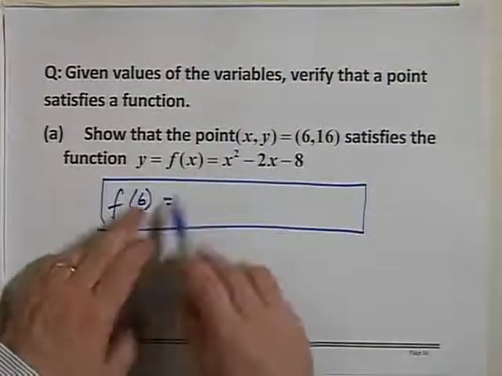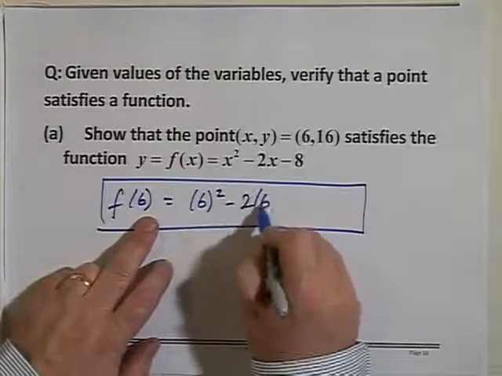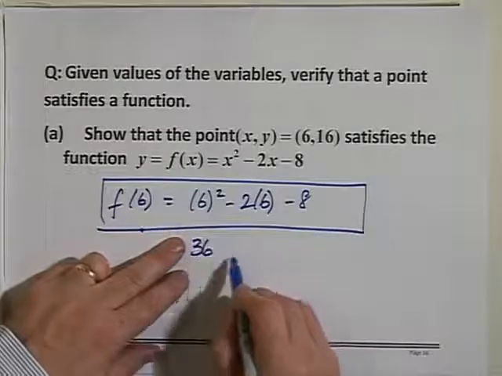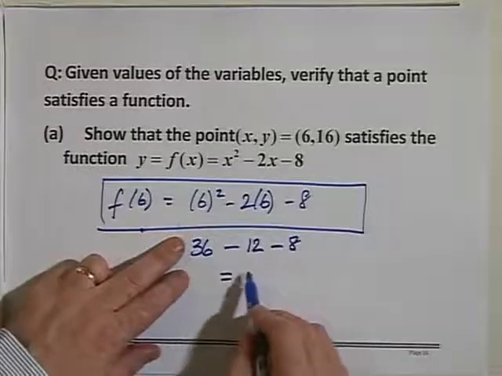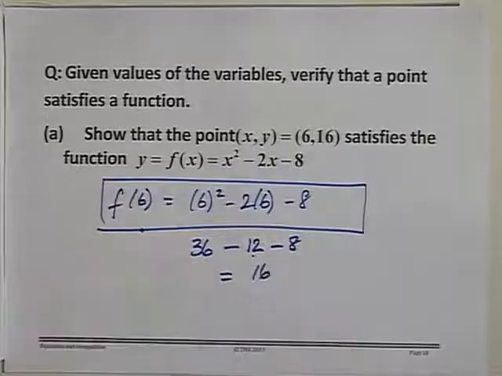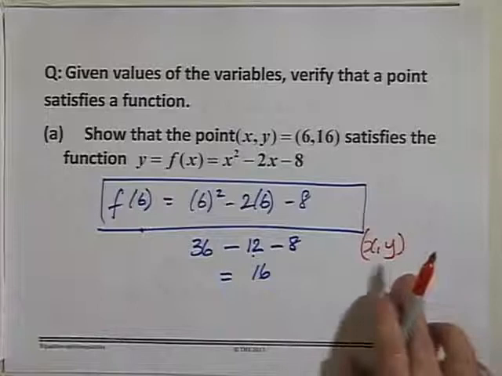When x is 6, x squared is 6 squared. Minus 2 times 6 minus 8. 6 times 6 is 36. Minus this is 12 minus 8. That 36 minus 12 is 24. Minus 8 is 16. Every point on every graph is identified by (x, y).